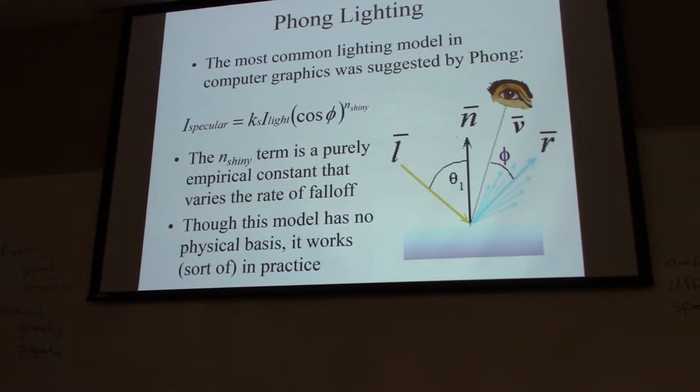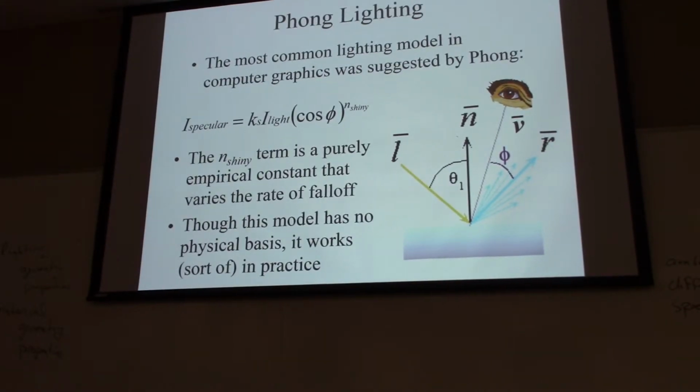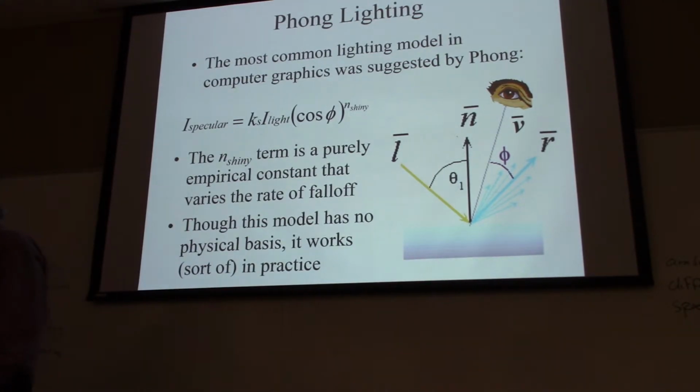Typically it's a power law, so there's a shininess coefficient that you raise the cosine to. The bigger that coefficient, the sharper the specular reflectance is. This is an empirical model. It looks approximately correct, but there's no physics in the term.